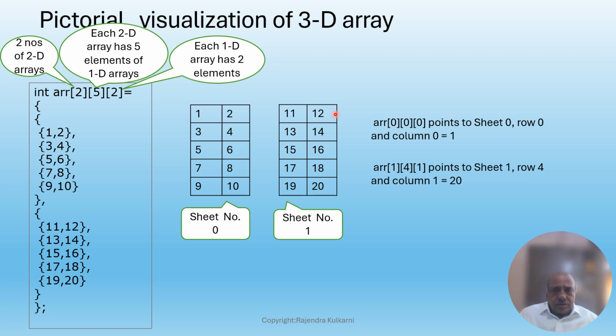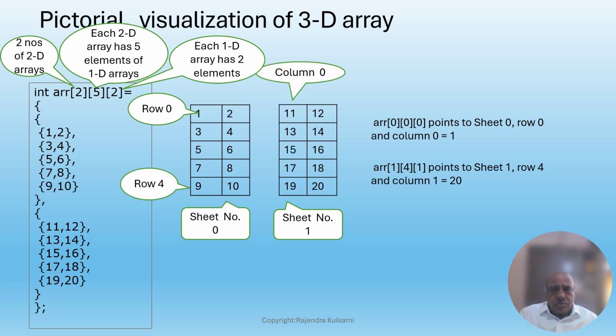ARR[1] is this table, 4 is this row, and 1 is this constant 20. So ARR[1][4][1] points to sheet 1, row 4 and column 1, which is 20 in this particular representation.